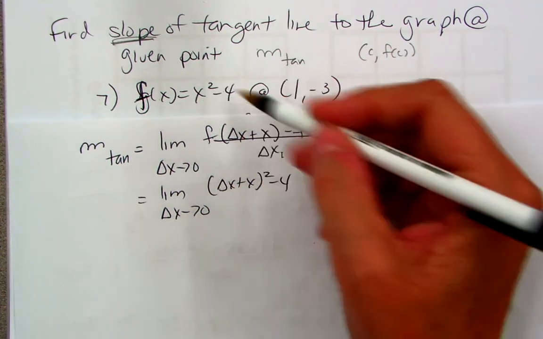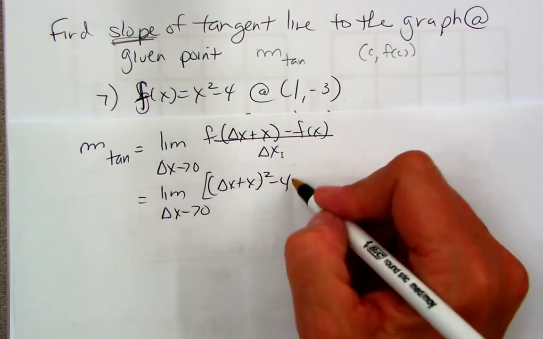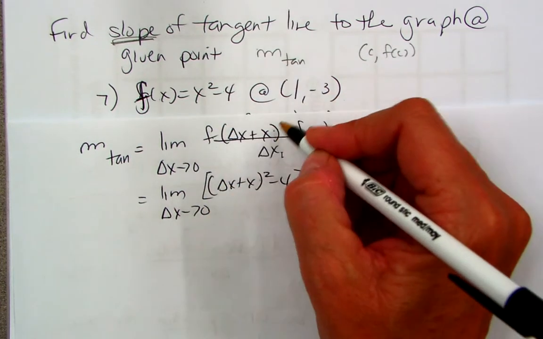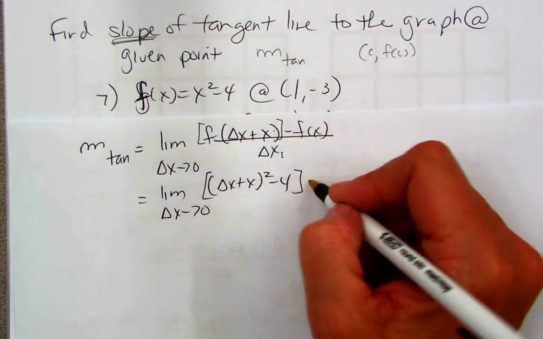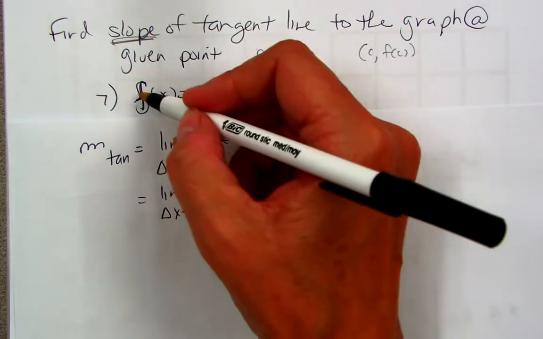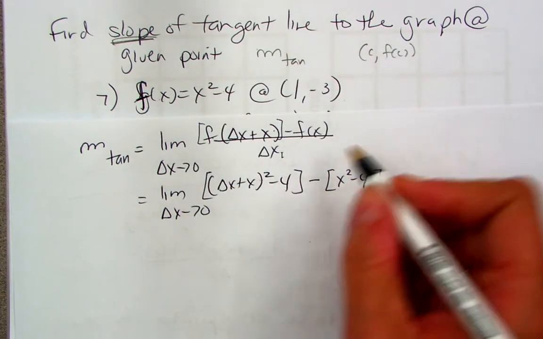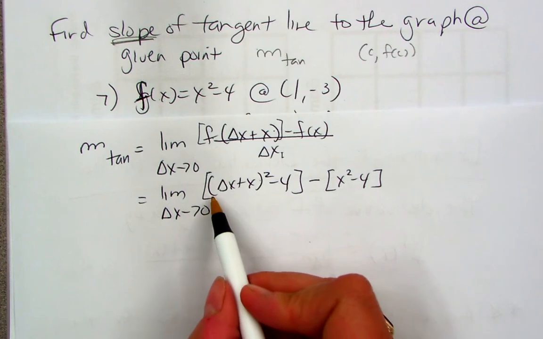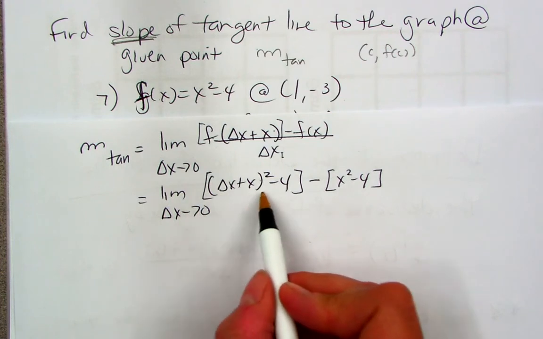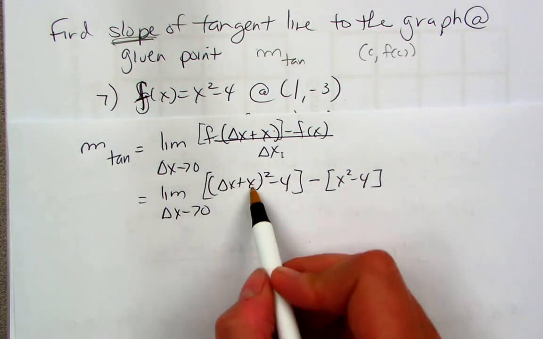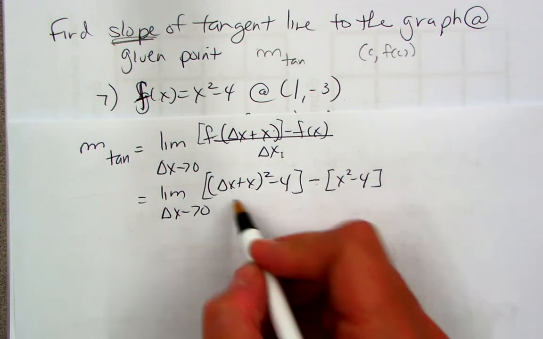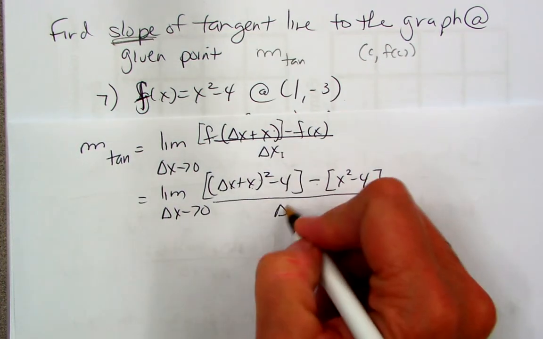So here's this, took the x, right? So that is this piece here, minus just f of x the way it's written. So here's delta x, here's x squared minus 4, putting in the delta x plus x, minus x squared minus 4, all over delta x.